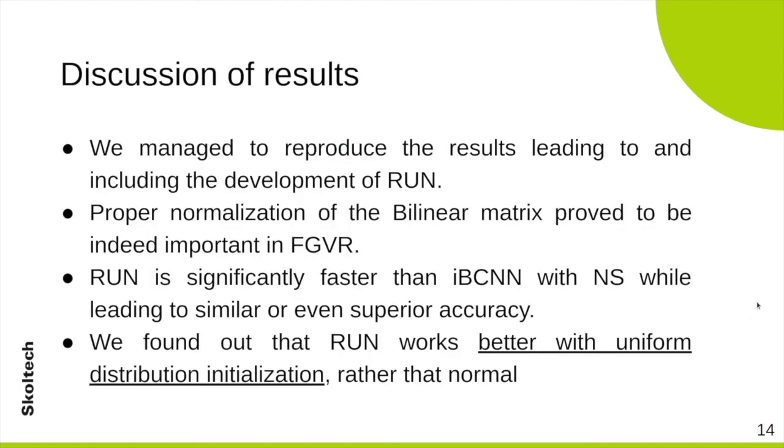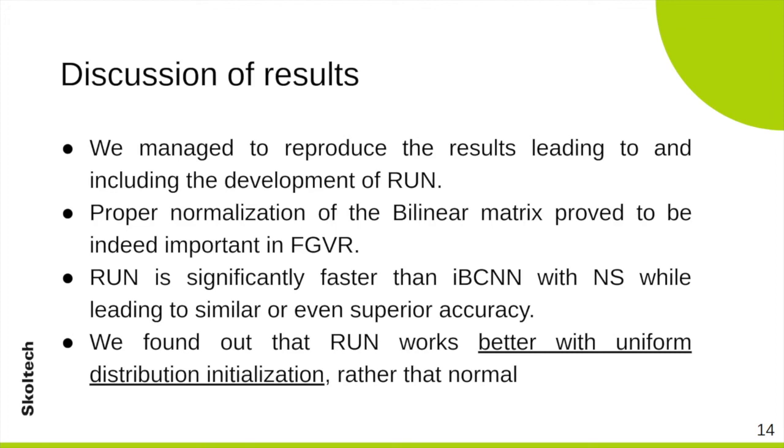To summarize our findings, we managed to reproduce the results leading to and including the development of RUN. We showed that proper normalization of the bilinear matrix proved to be indeed important in the fine-grained visual recognition task. We observed that RUN is significantly faster than IBCNN, while leading to similar or even superior accuracy.